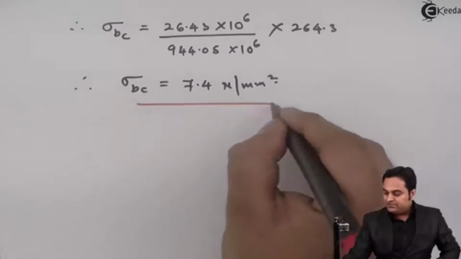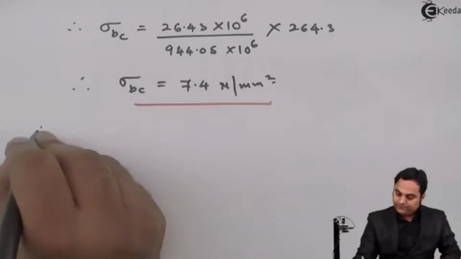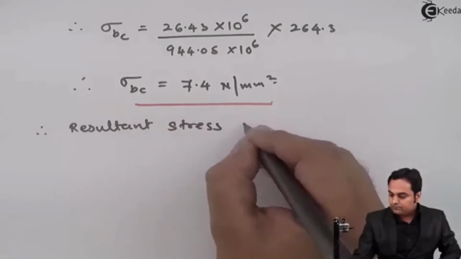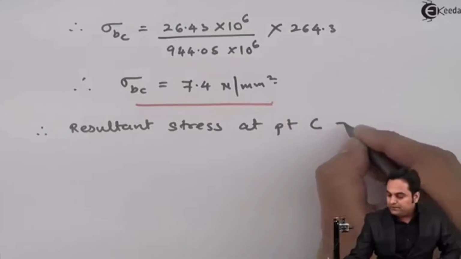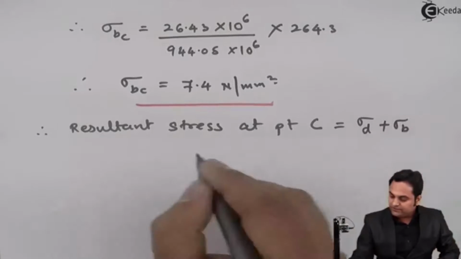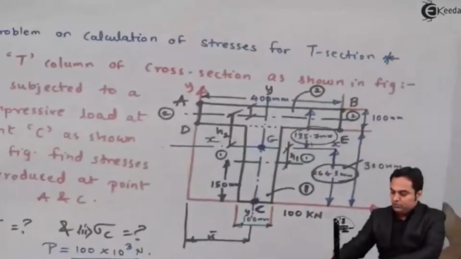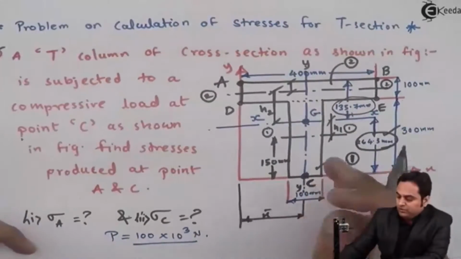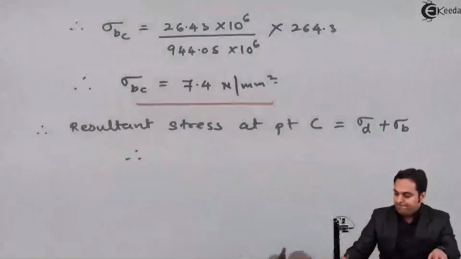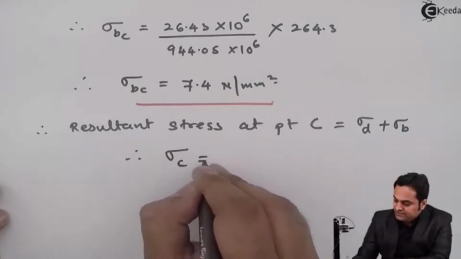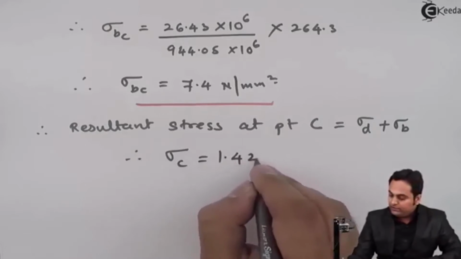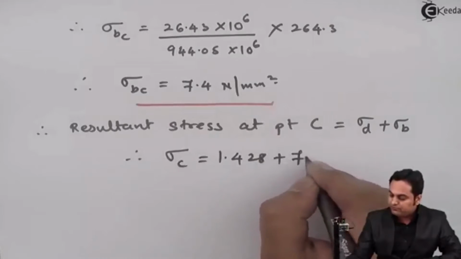After getting the bending stress at C, I can calculate the resultant stress at point C, which will be direct stress plus bending stress, because at C the load is acting and it is of compressive nature, so it will compress at point C. So the stress at C is equal to the direct stress, which was 1.428, plus the bending stress 7.4.